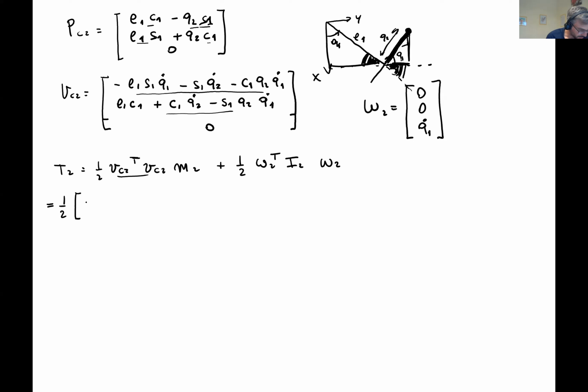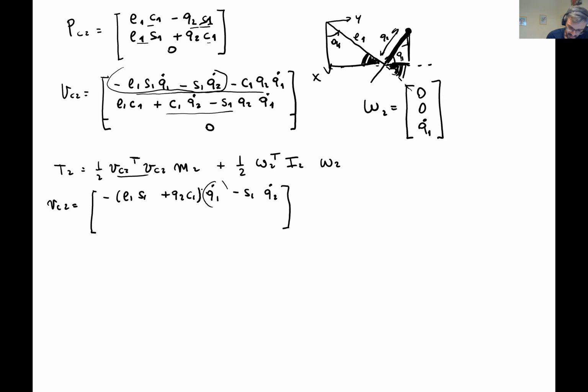We can simplify this by collecting terms. Let me rewrite VC2 to make it simpler: the x component is minus L1 S1 plus Q2 C1 times Q1 dot, minus S1 Q2 dot.